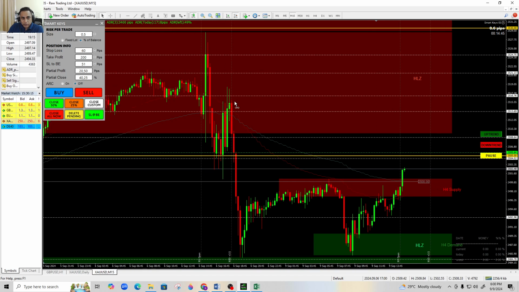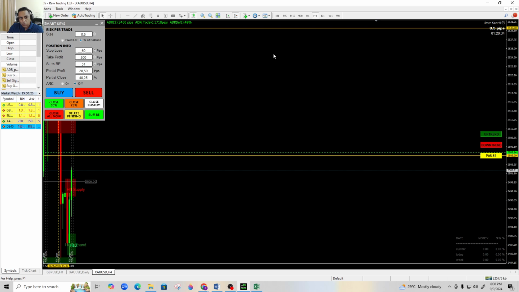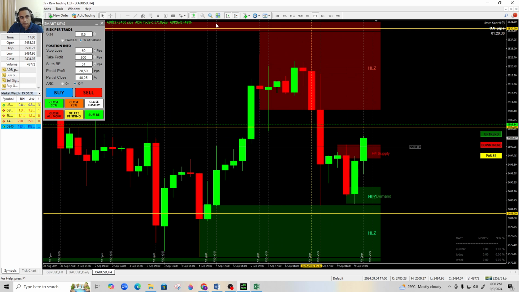Now onto the left here, let's just put a vertical line there on that NFP candle on the M15, and let's look at H4. What price looked like on the H4 time frame on Friday.